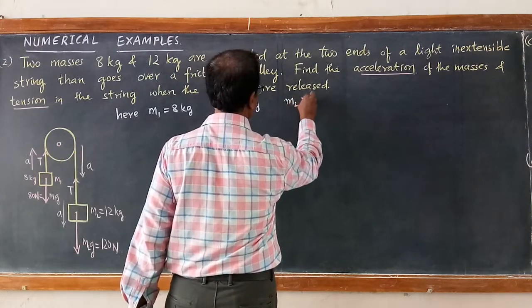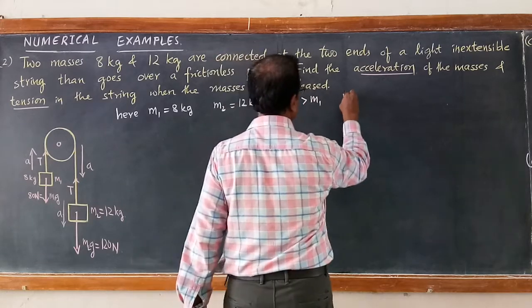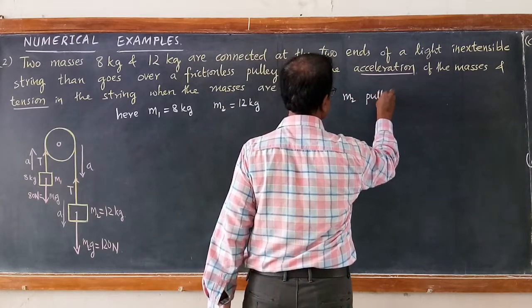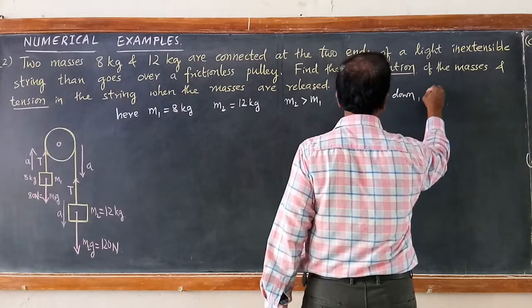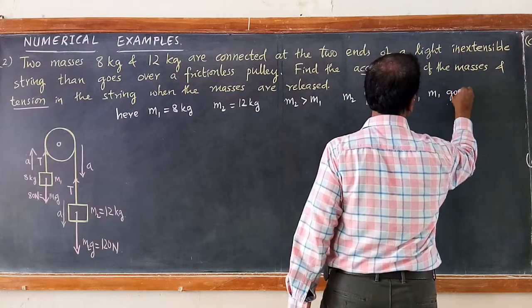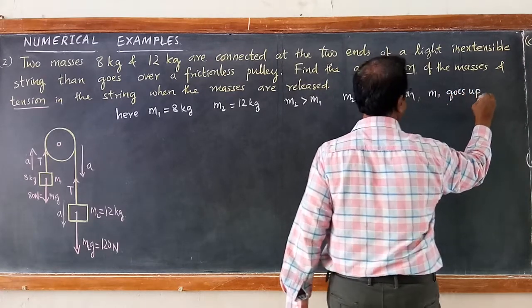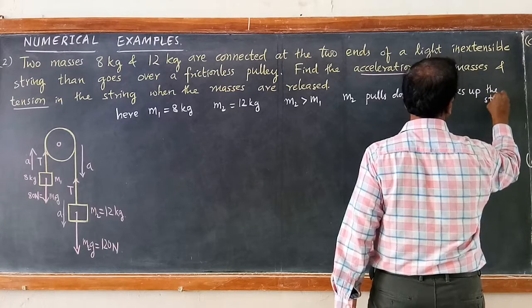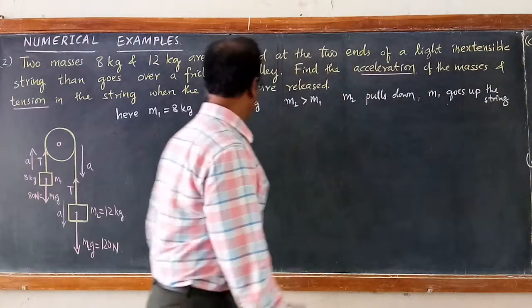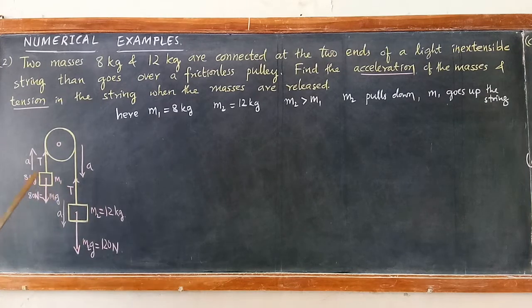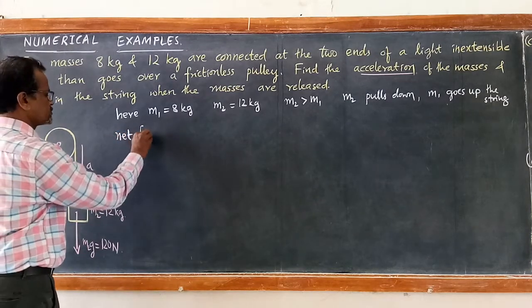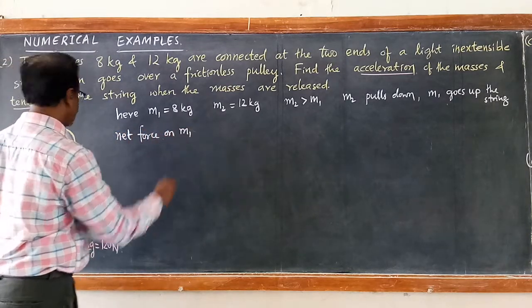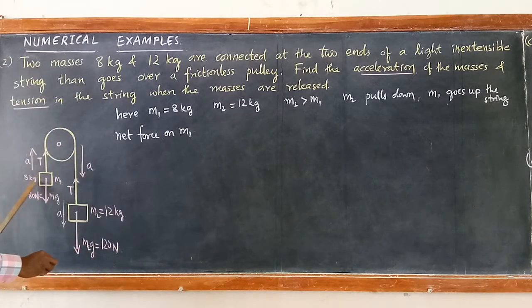So m2 being greater than m1, m2 pulls down the string and m1 goes up the string as shown. Now let us apply Newton's second law for the first mass m1. Refer to this free body diagram. Net force on m1 is equal to m1 into a.